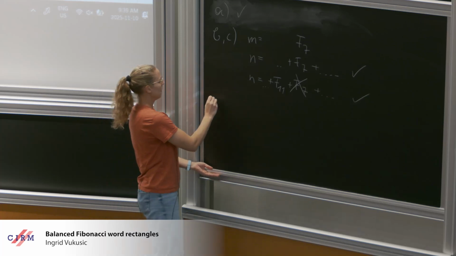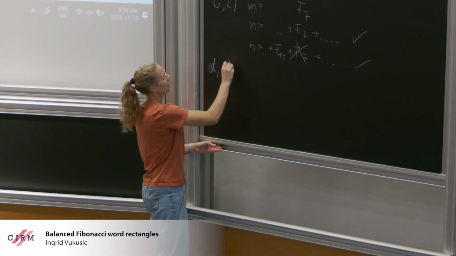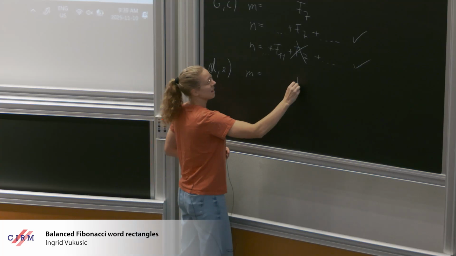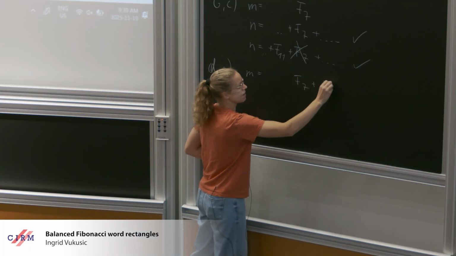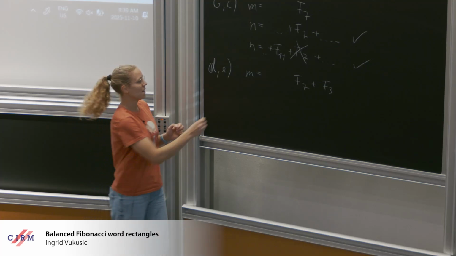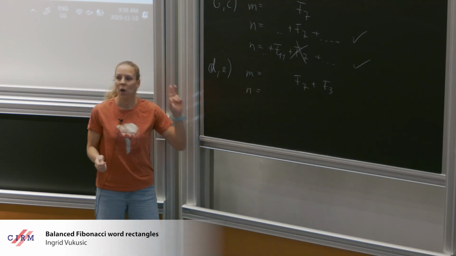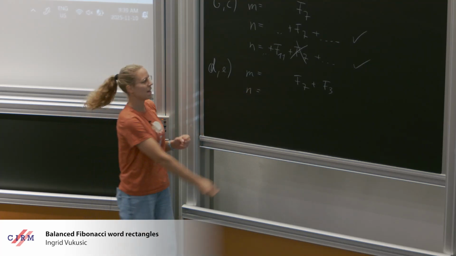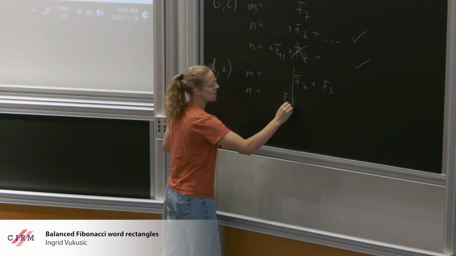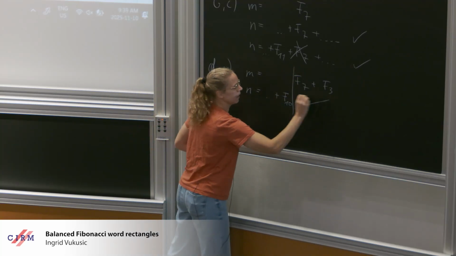Okay, and the last 2 cases, D, E, are where m is your smaller number. Again, say this time it has a couple more digits. And then you are in the balanced situation if n only has large digits. So there has to be this divide where you can have large digits here, but nothing here.